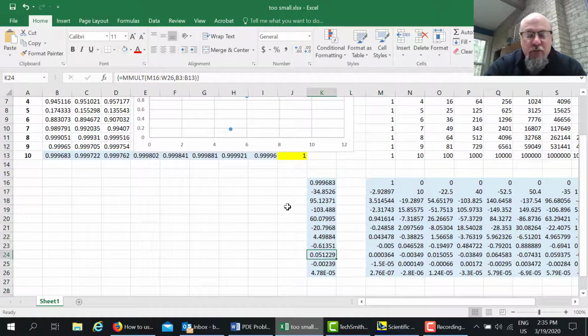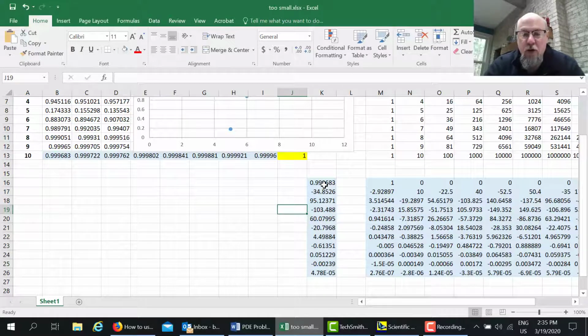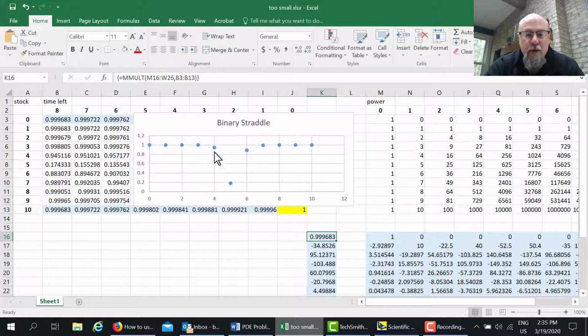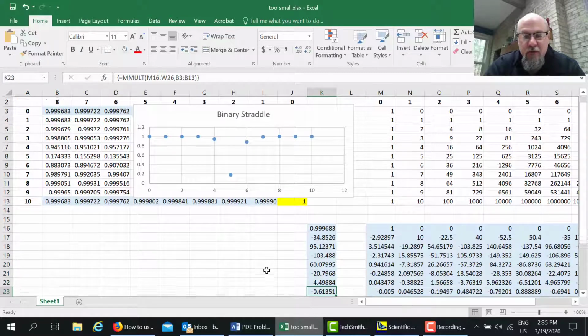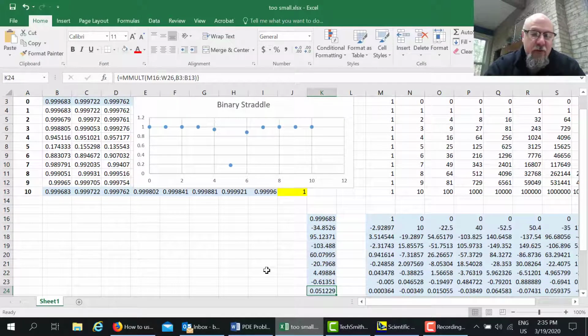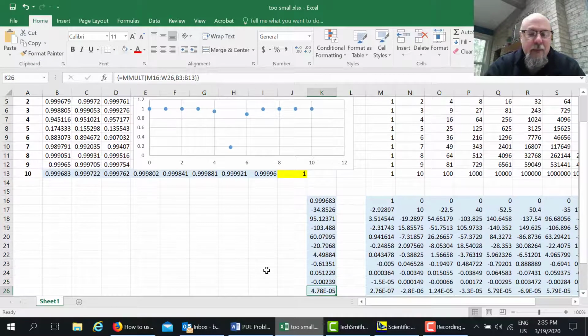Now each one of these should be the coefficients. This should be the constant coefficient. So the polynomial that goes through all these points should be this number plus this number times x plus this number times x squared plus this number times x cubed plus this number times x to the fourth, this number times x to the fifth, x to the sixth, x to the seventh, x to the eighth, x to the 9, and this number times x to the 10.